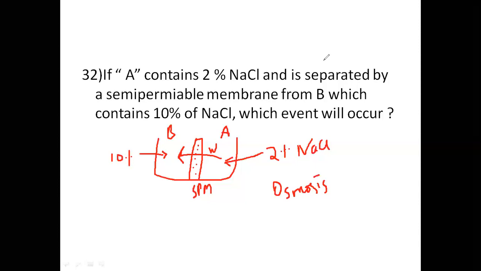And remember, n is the number of ions. MX2, what is the number of ions there? n is 3. Why is n equal to 3? There is one M2 plus ion and there are two X minus ions. So number of ions are 3.